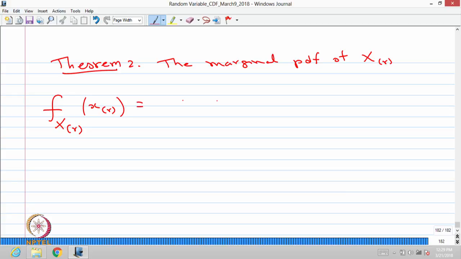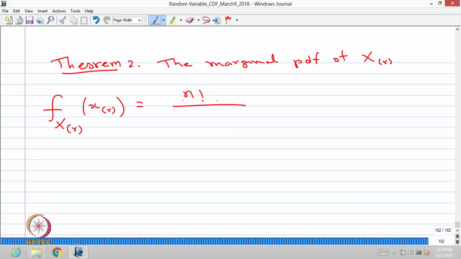Since you know the joint probability density function of order statistics, one can get the marginal probability density function of any one rth order statistic from the n-dimensional joint probability density function.